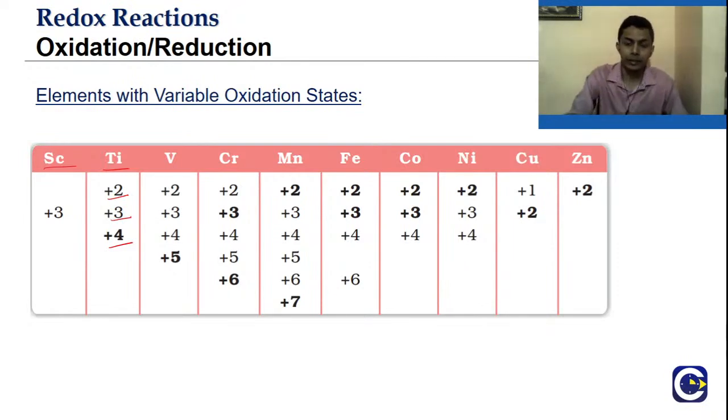So that is why for transition metals, we always need to find the oxidation number using surrounding atoms. That could be alkali metals, alkaline earth metals, group 1A, group 2A, or halogens.